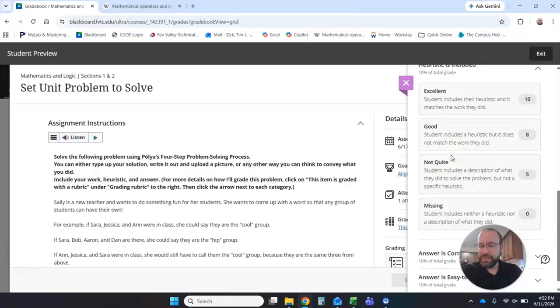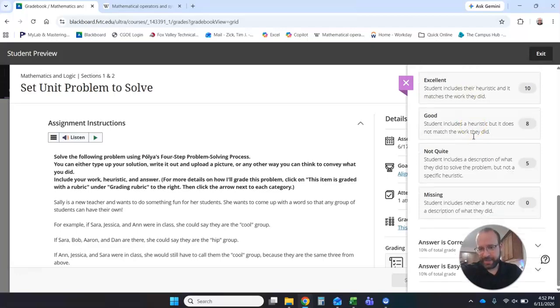Including your heuristic is worth 10 of the 100 points. So you've got your heuristic, and it matches what you did. Remember, the heuristic list is back in the 1.3 problem solving notes. If you've got a heuristic that doesn't match, slightly less. If you tell me what you did but forget your heuristic, slightly less.